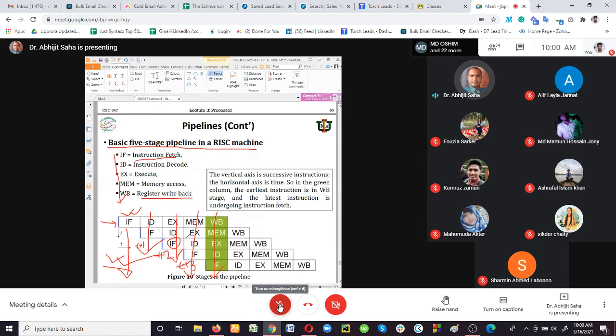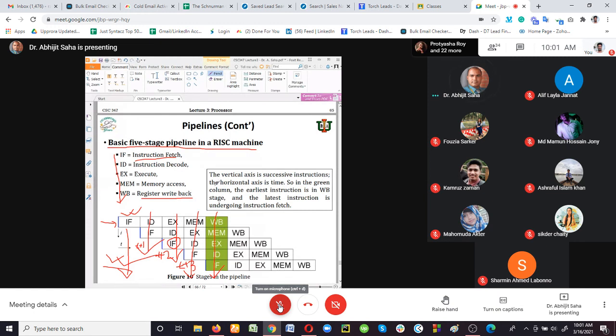So the steps are run on the CPU in such a way that there are no common steps among the instructions in the pipeline when they are executing.